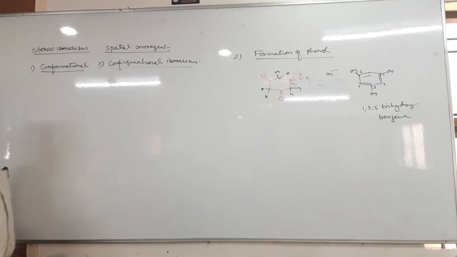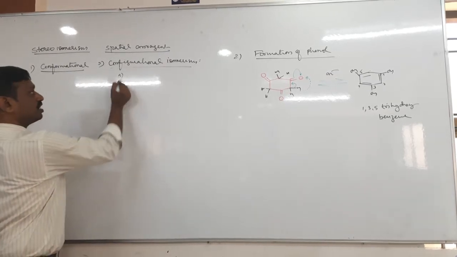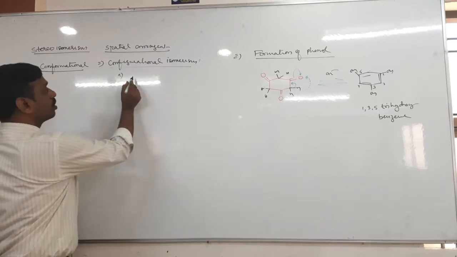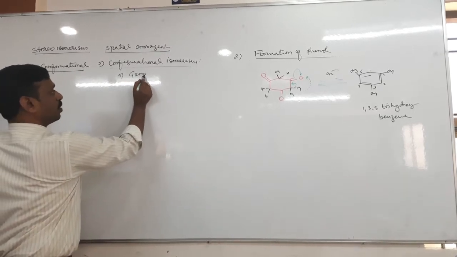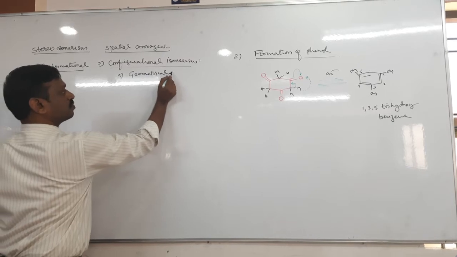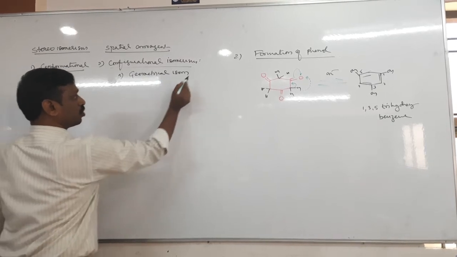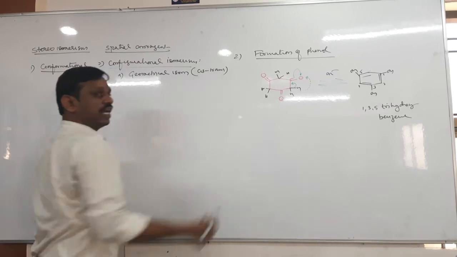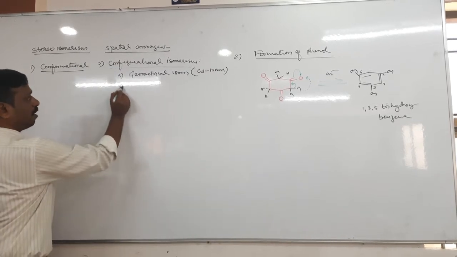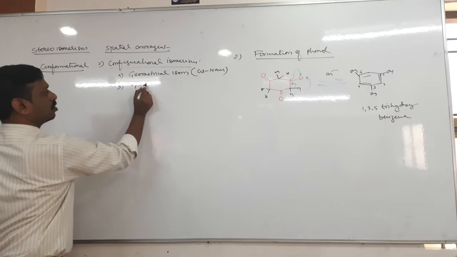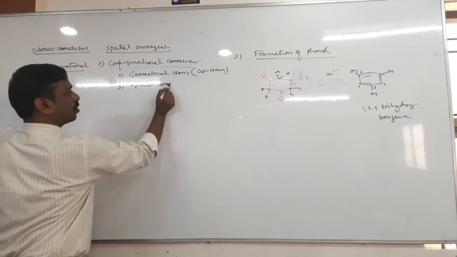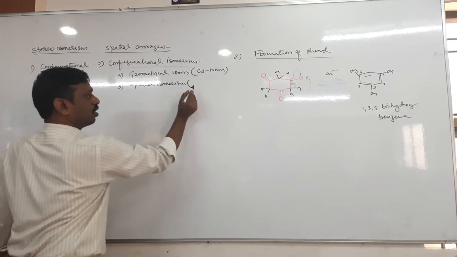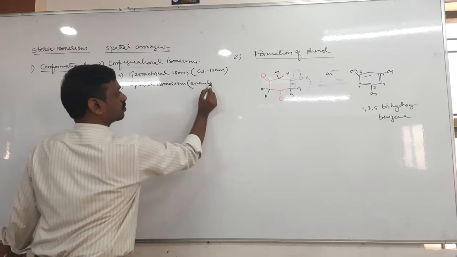Configurational is further classified into two types: one, geometrical isomerism, which is also called cis-trans isomerism, and two, optical isomerism, which is also called enantiomerism.